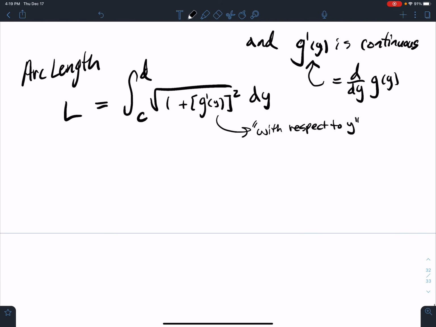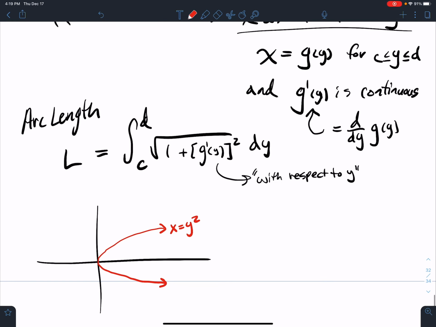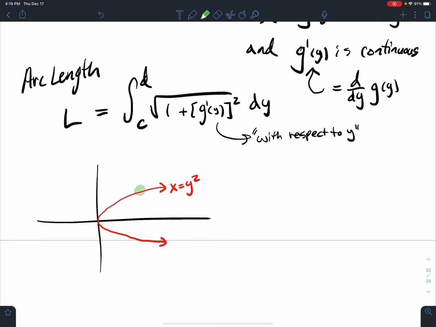Say you had this problem where your curve is like this, and this is the x equals y squared curve. So this is x as a function of y, and maybe I want to know how far it is from here to here, say from y equals -1 to y equals 2.